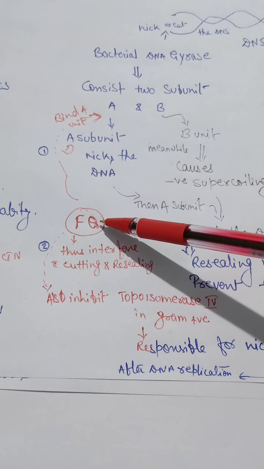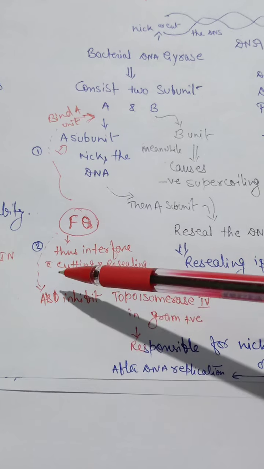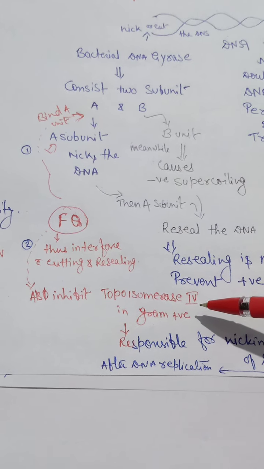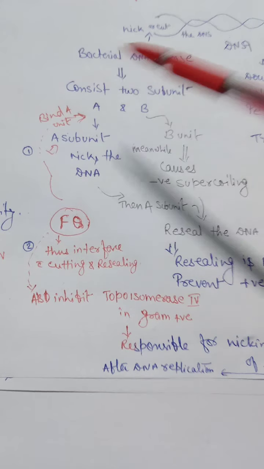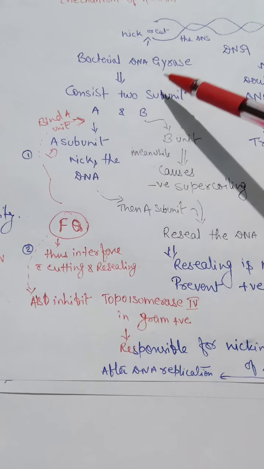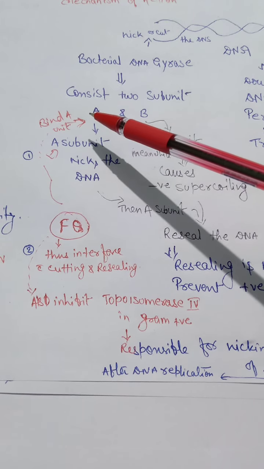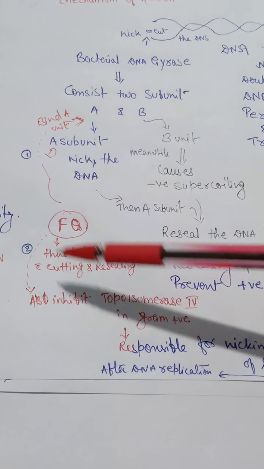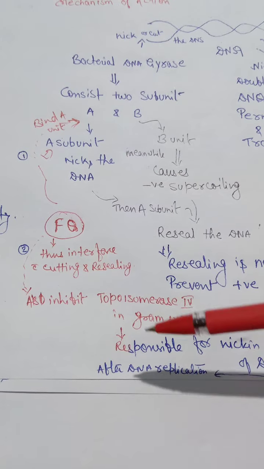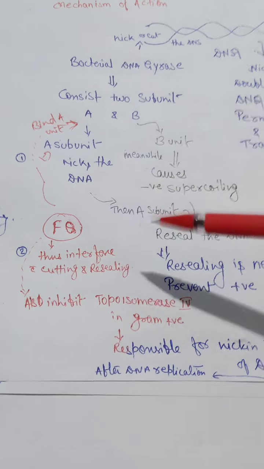These fluoroquinolones interfere with and inhibit this topoisomerase 4 enzyme. Thus, in gram-negative bacteria, it will inhibit the bacterial DNA gyrase, specifically the A subunit. In gram-positive bacteria, the fluoroquinolone will inhibit the topoisomerase 4 enzyme. Thus, the DNA replication and resealing is inhibited.